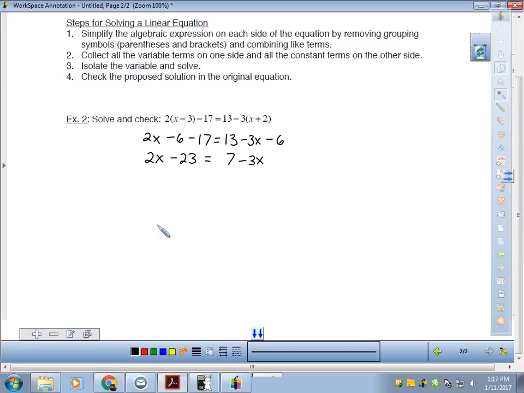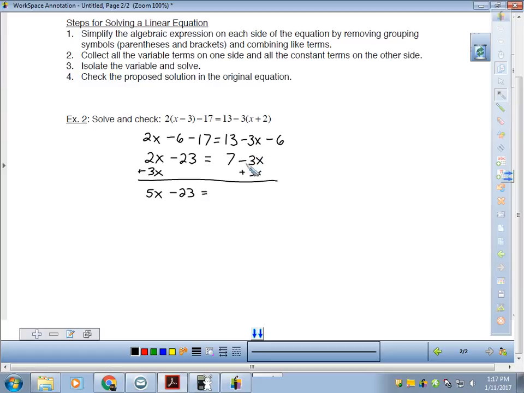The next step is we want to get all the variables on one side and all the numbers on the other side. So to do that, I'm going to add 3x to both sides. So over here, 2x plus 3x makes 5x, and then we still have the minus 23.